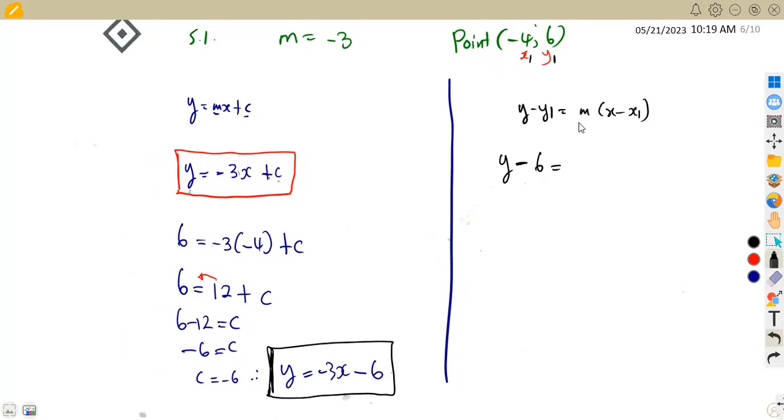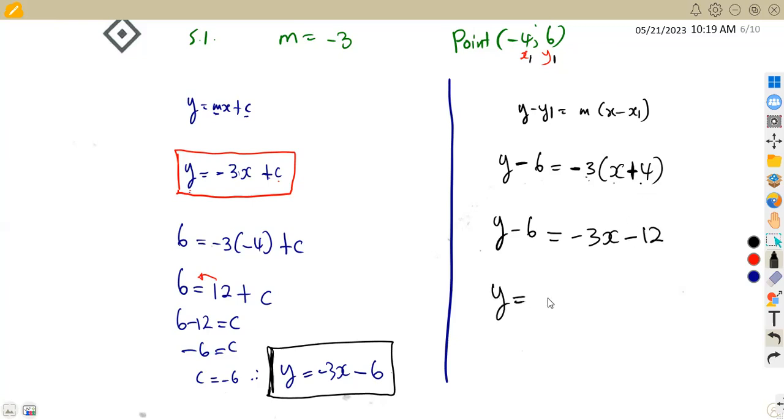M is your gradient, and your gradient is -3. So that's -3 here into x minus x1. So our x1 is a -4. So -4, that's a +4. So this is going to be a +4. Okay, expand brackets by -3. Y minus 6 is equal to -3 times x, which is -3x. -3 times 4, that's a -12.